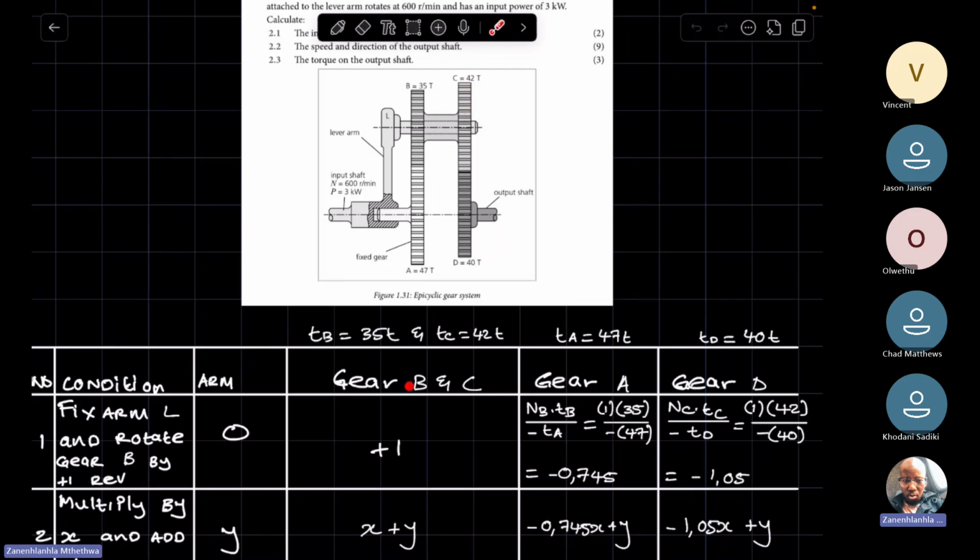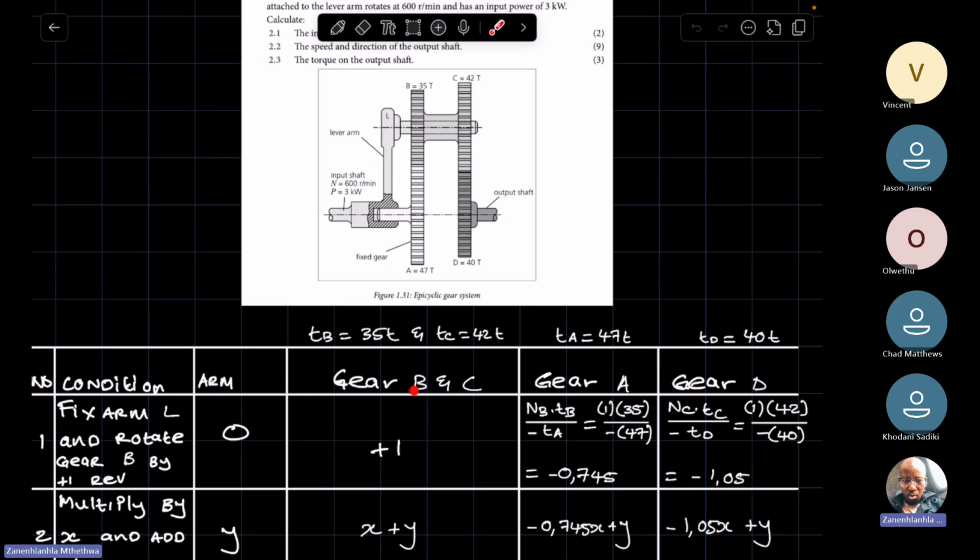So instead of having those two in separate columns, I just have them in one column because they are fitted with the same shaft. Hence I'm saying the arm and the annulus are obvious. Why? Because we are guided by the first condition, which says fix the arm, so that's fixed, hence it's equal to 0, and rotate the annulus.